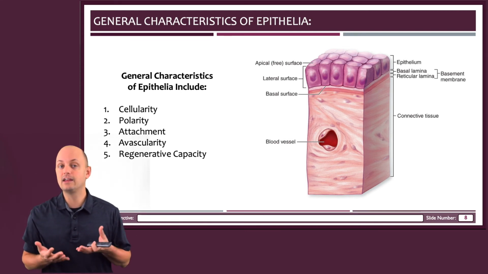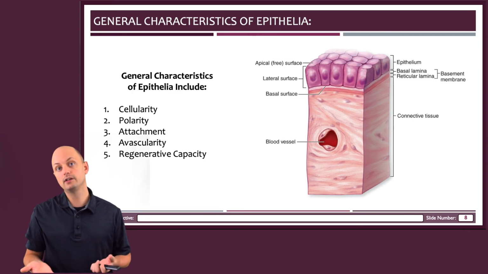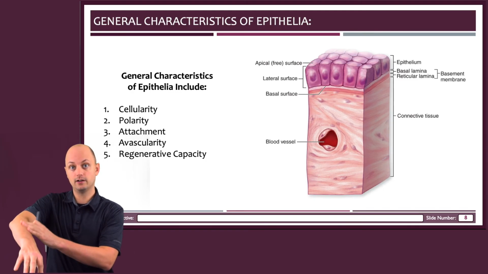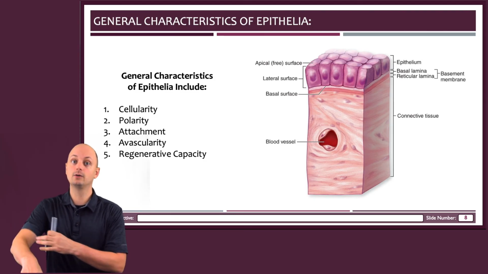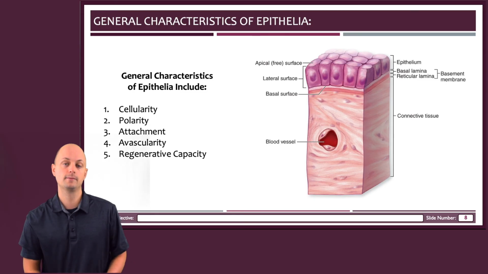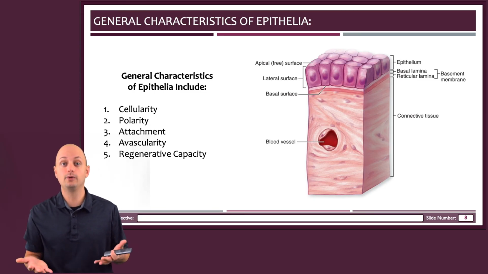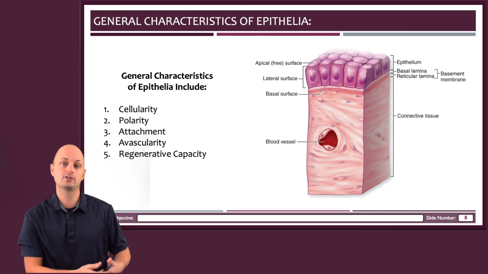Epithelia tends to be avascular, which means that it lacks blood supply, and that's one of the reasons why the superficial layer of the skin that I mentioned just a second ago is actually composed of dead keratinized epithelial cells. And in some cases, the avascularity can also be an example of a nice structure-function relationship as well.